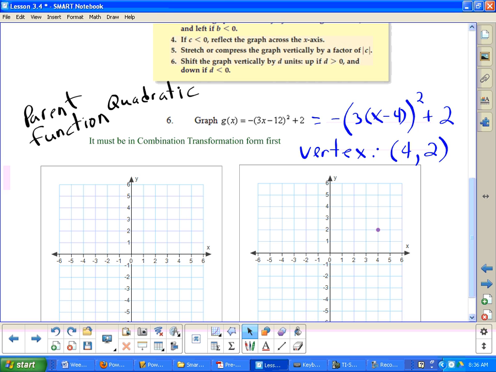And then what does this negative out front tell me? It's going to be a vertical reflection. So this graph is going to be squeezed together by 1/3 horizontally, and it's also going to be reflected. It's a lot in one thing, Caleb.